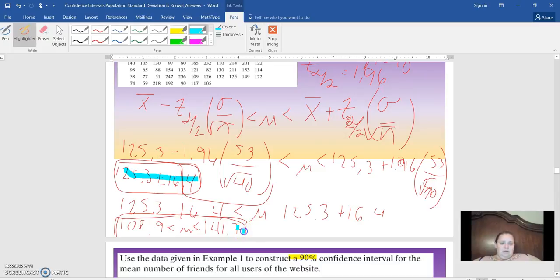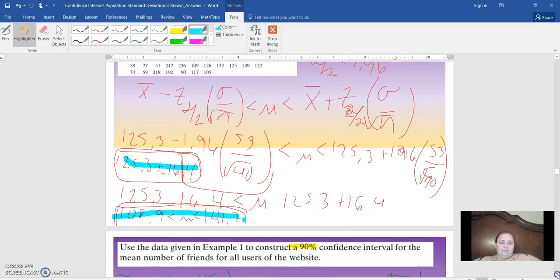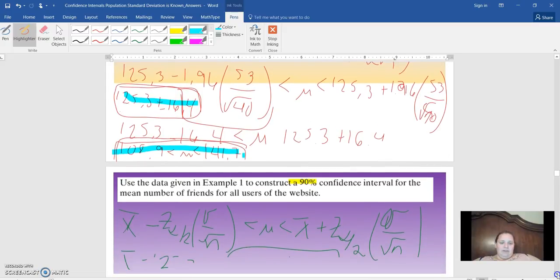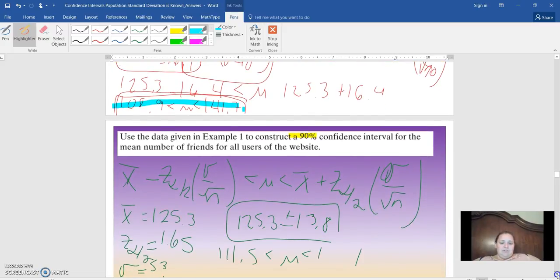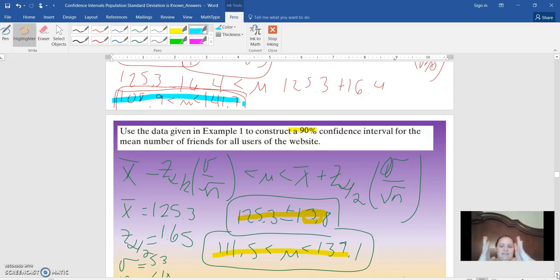And so it was between 108 and 141. 108 to 141 for 95. And at 90%, it's tighter. It's 111 and 139 versus 108 and 141. So if we did 99%, it's going to be even bigger.